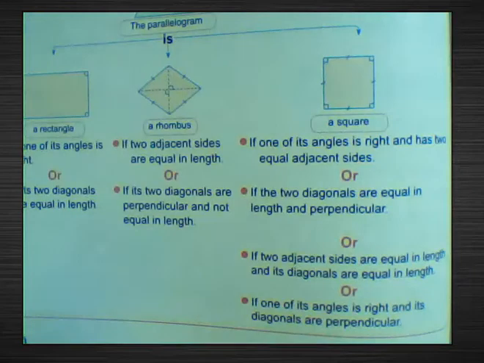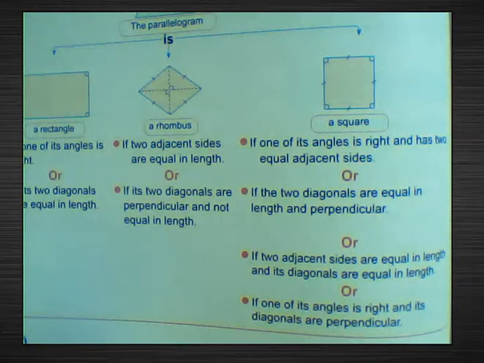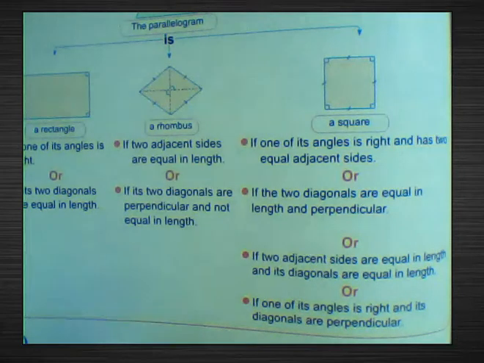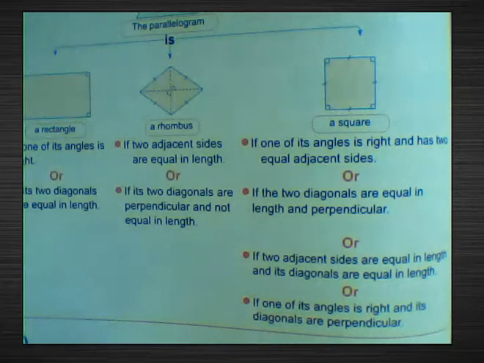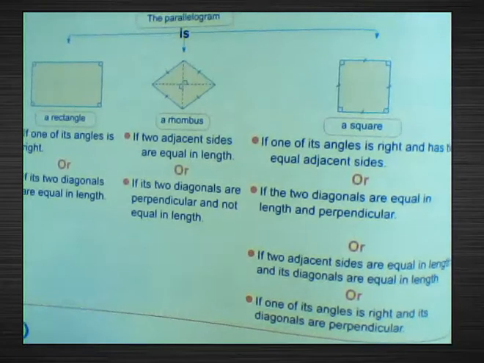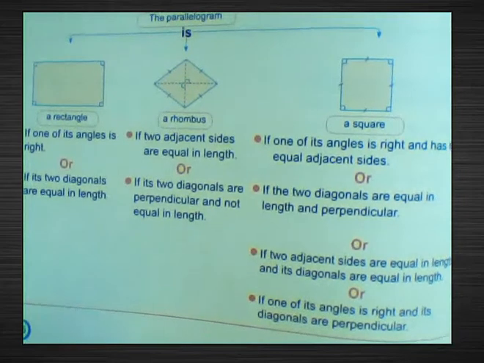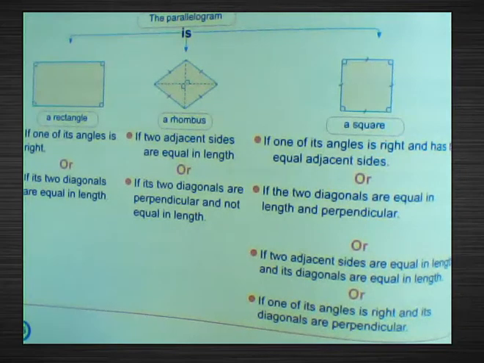The parallelogram is a square if one of its angles is right and it has two equal adjacent sides, or if the two diagonals are equal in length and perpendicular, or if two adjacent sides are equal in length and its diagonals are equal in length, or if one of its angles is right and its diagonals are perpendicular. So a parallelogram can convert to a rectangle or a square or a rhombus.